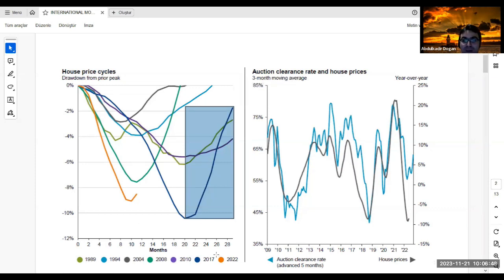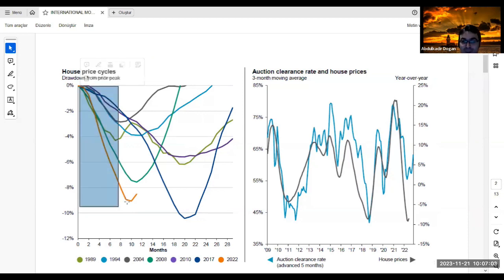So what we are dealing with today, this orange line, is 2022, and in just 10 months, as you see in the orange line, we have approximately 9% decrease in the global house price cycle.